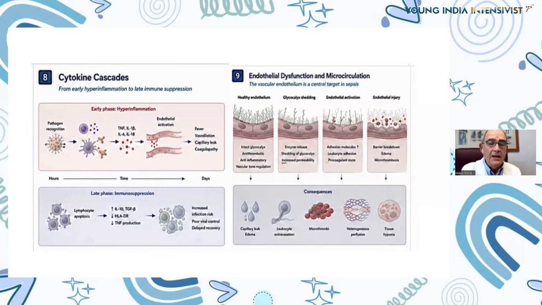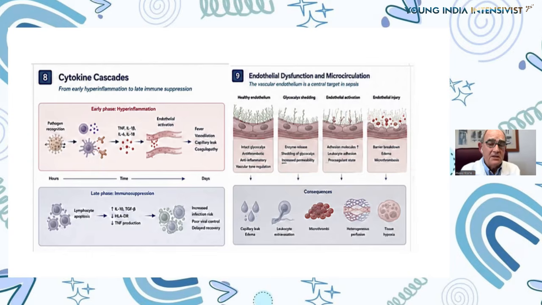or coagulopathy. In the later phase, which happens very often if the sepsis is persistent, there is a sort of shift from the hyperinflammation to the immunosuppression, where the lymphocytes undergo apoptosis, and where we do have an increase of certain cytokines like IL-10, HLA, and TNF production.